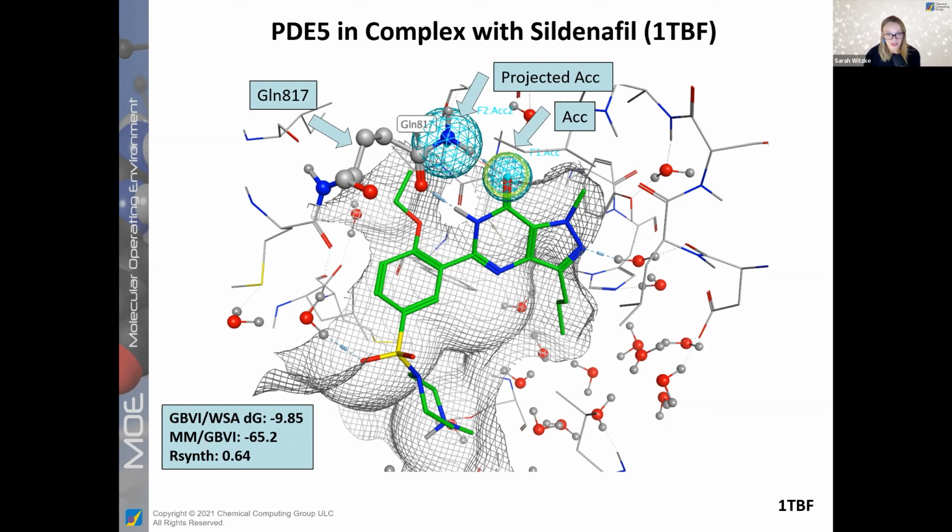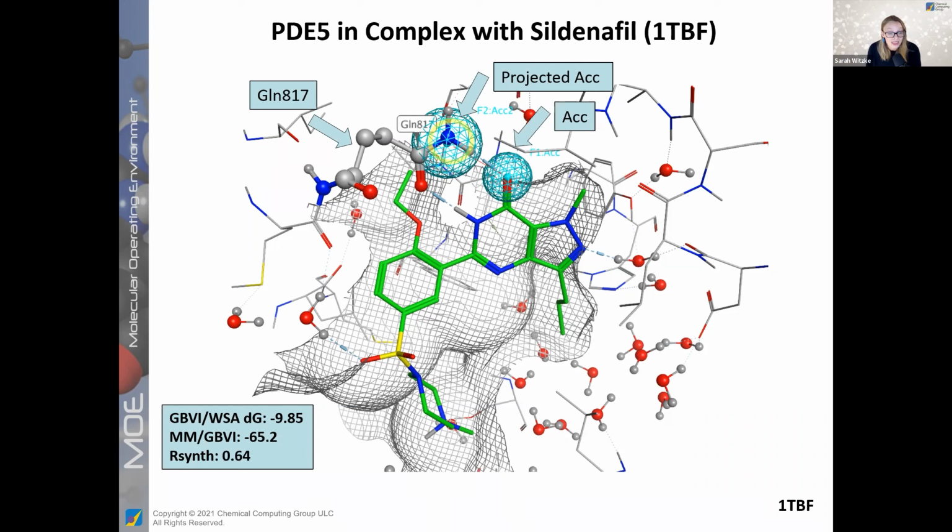But I added an additional feature as well, saying not only do I want to find an acceptor there, but I want that acceptor feature to point in the right direction. So the larger sphere is what we call a projected acceptor point, and it gives the directionality of that lone pair on the carbonyl, making sure that it actually points up towards the NH to interact with, and not, let's say, completely different downwards, because then we wouldn't create the hydrogen bond anyway.